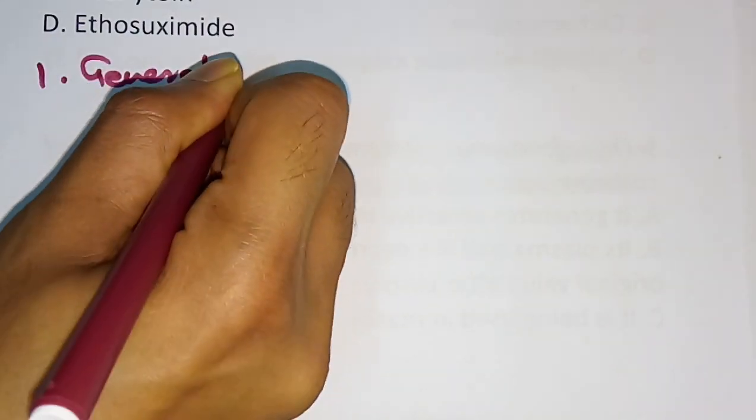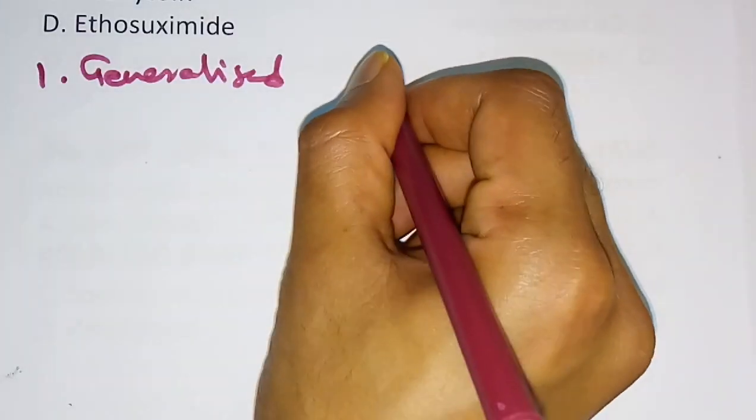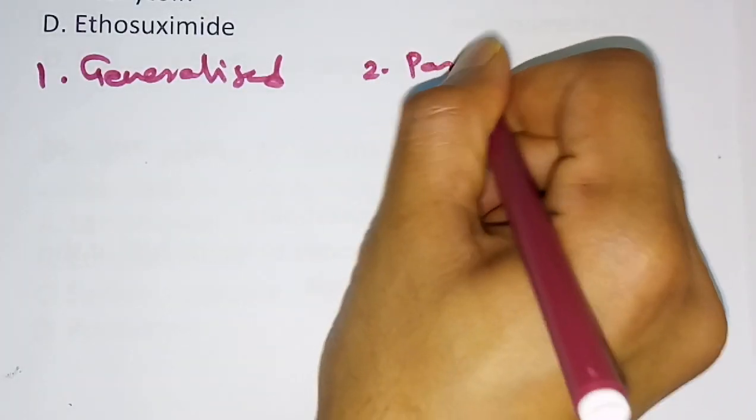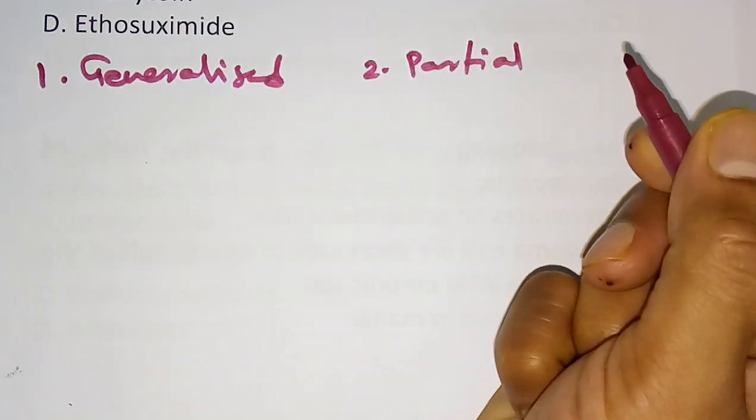Before that, we will see the classes of epilepsy. What are the major types of epilepsy? One is generalized seizure. The second one is partial seizure. There are 2 types of seizures.